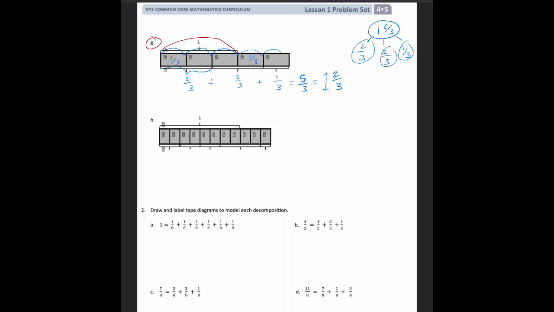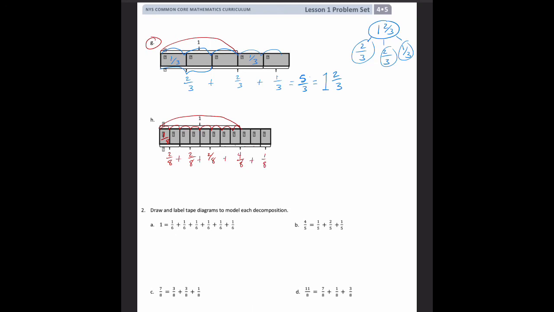Moving down to H. Okay, again, I gotta look at how big the 1 is. And there are 1, 2, 3, 4, 5, 6, 7, 8 that make up 1. So these guys are all an eighth. And I've got 2/8, 2/8, 2/8, and 1, 2, 3, 4/8, and 1 more eighth.